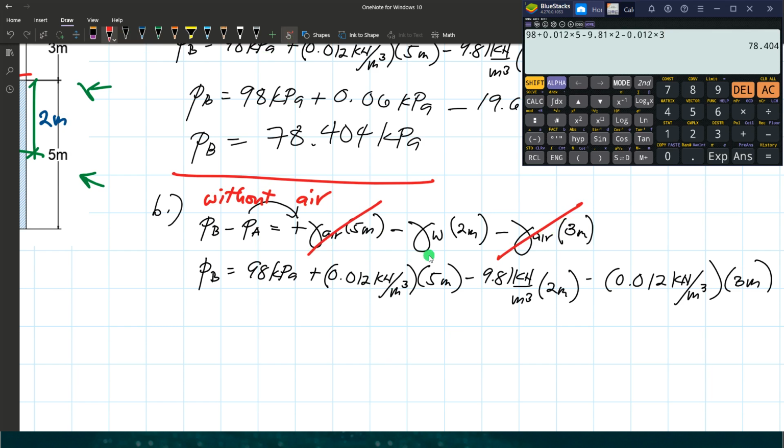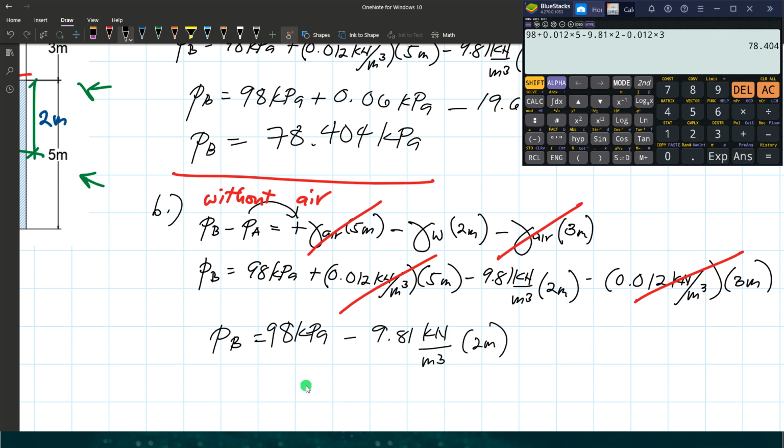So one can easily determine the pressure at B, which is 98 kilopascal minus 9.81 kilonewtons per cubic meter times 2 meters.